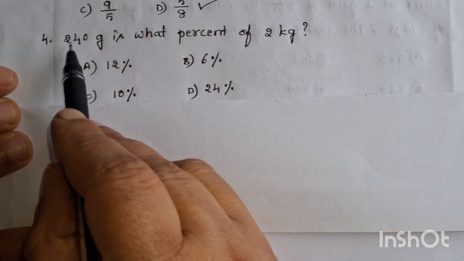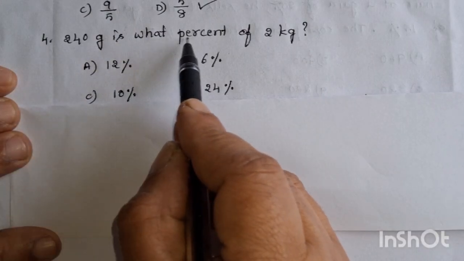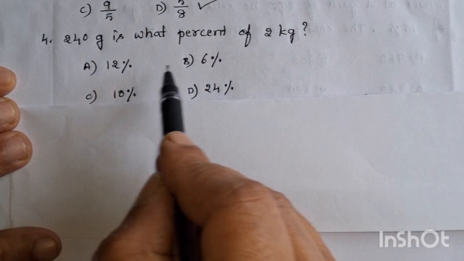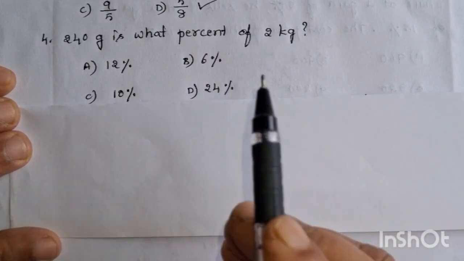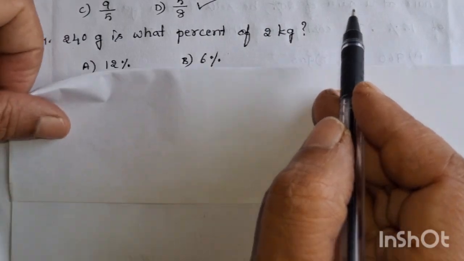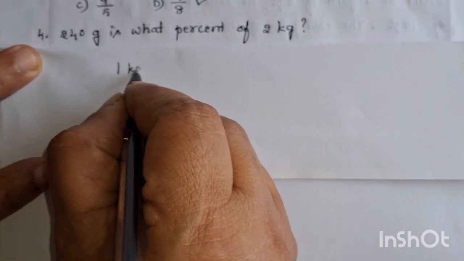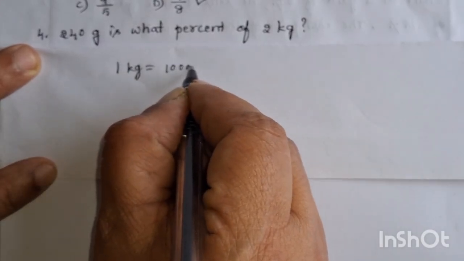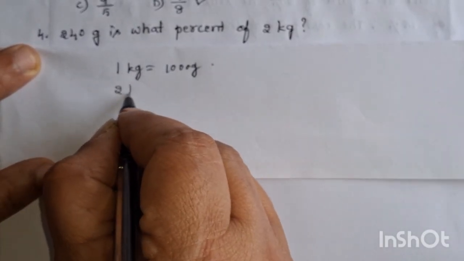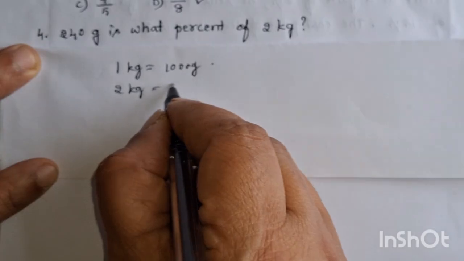Fourth question. 240 gram is what percent of 2 kgs? Options 12%, 6%, 10% and 24%. We know that 1 kg is equal to 1000 grams and 2 kgs will make 2000 grams.